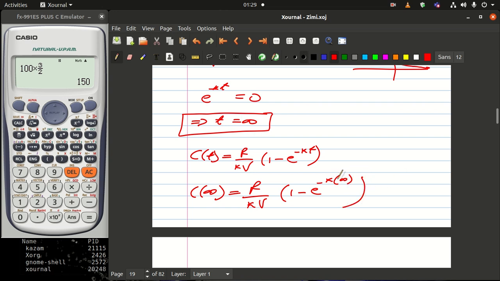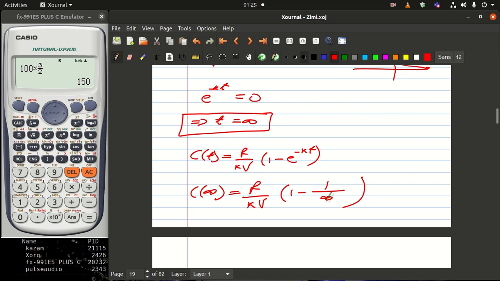A constant times infinity is the same as infinity, and with the minus sign that's negative infinity. A negative exponent is the same as 1 over e raised to positive infinity, and a positive constant raised to infinity is just infinity.